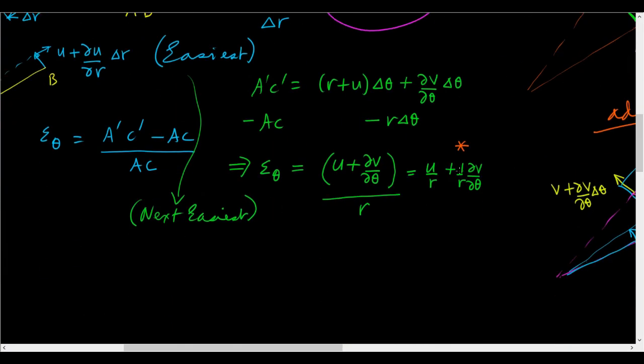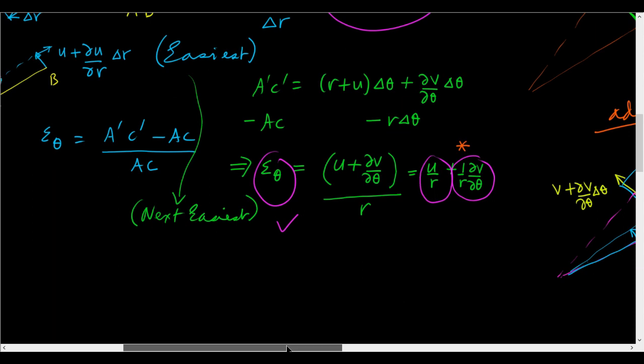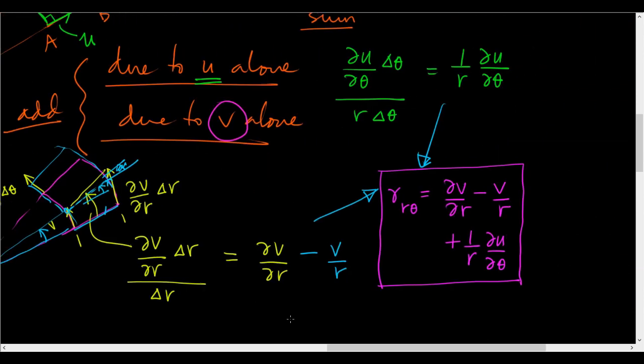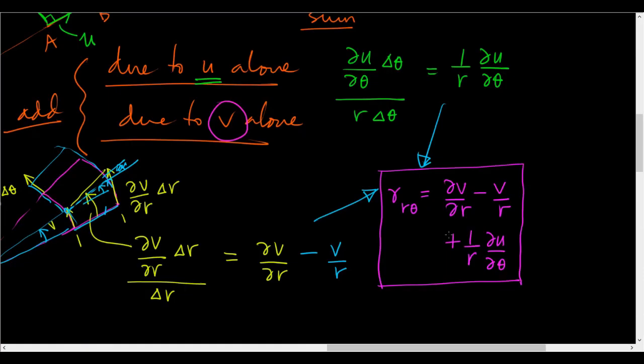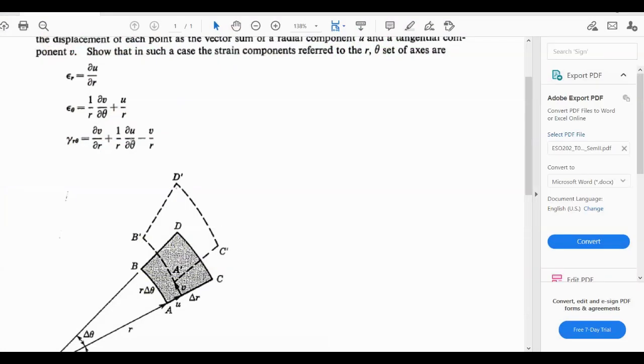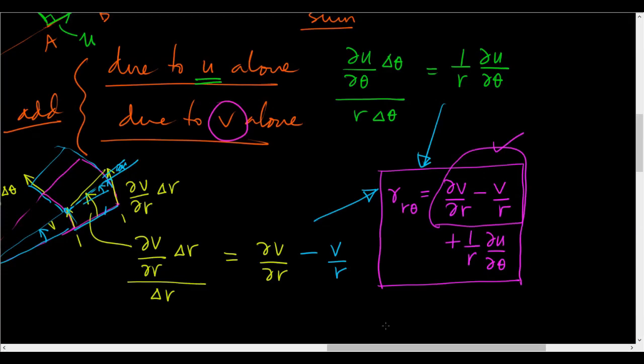So we see that here. And gamma r theta has three parts. There is the del v by del r minus v by r, which we see here, plus the 1 by r del u del theta that we see here.